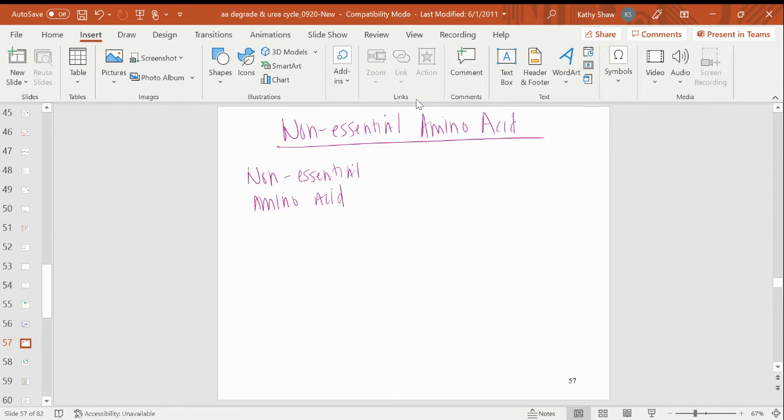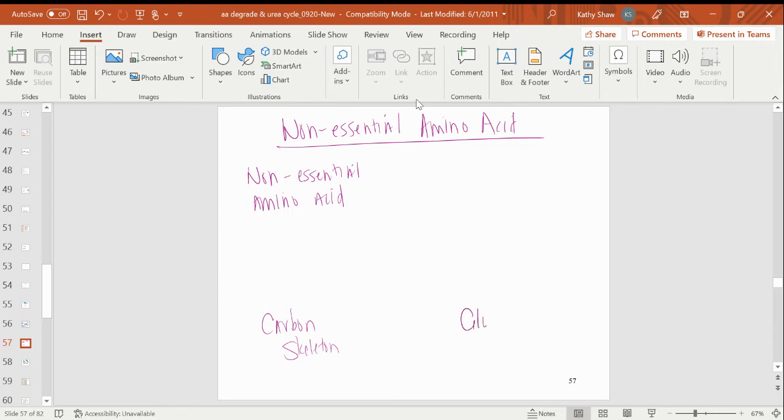I need two things. I need the carbon skeleton, and I'll get that somewhere in my metabolism, in my reactions. So I need the appropriate carbon skeleton for whatever amino acid I'm making. If I'm making aspartate, the carbon skeleton I need is oxaloacetate. If I'm making alanine, the carbon skeleton I need is pyruvate, and so on.